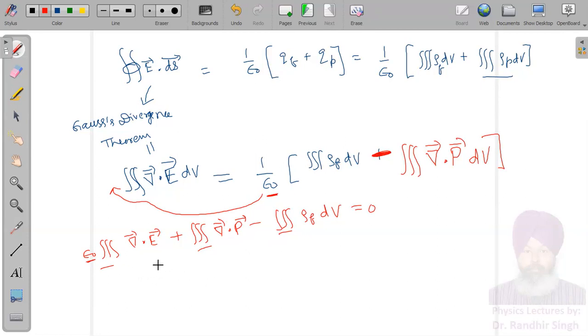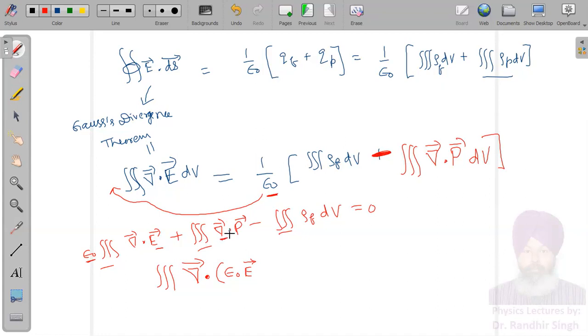So I can write triple integration del vector dot, instead of E, round bracket epsilon 0 E. I can very easily take epsilon 0 inside because it is a constant quantity, and here I can take del vector common.